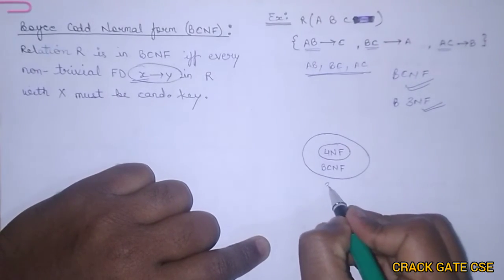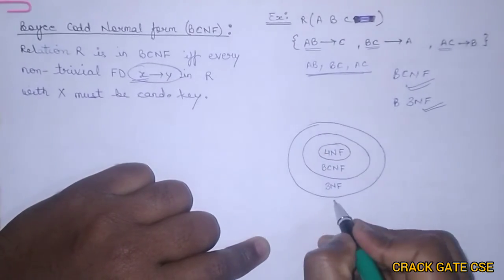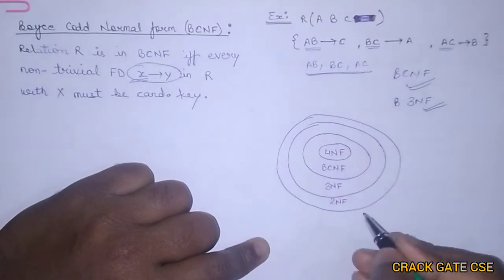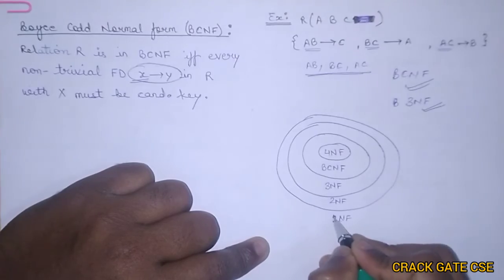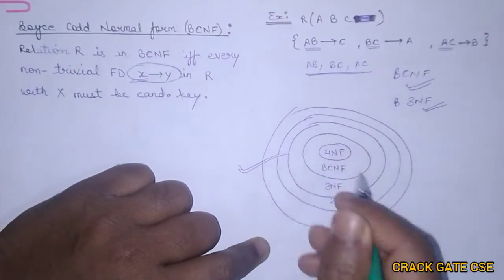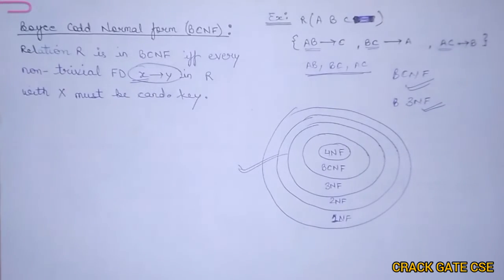If it is BCNF, that means it is 3NF also. If it is 3NF, then it is 2NF also. And we know that if it is 2NF, it is 1NF, because 1NF is the default one in RDBMS. So there are some questions which can be on this particular topic.